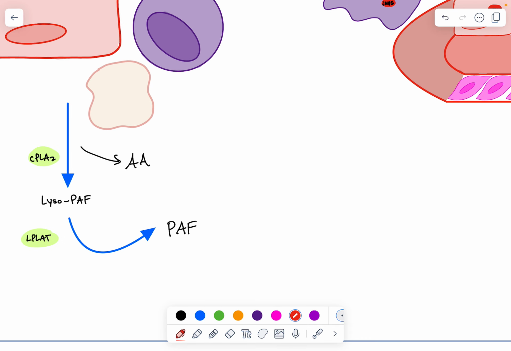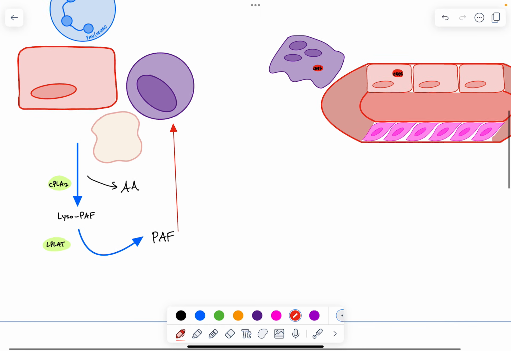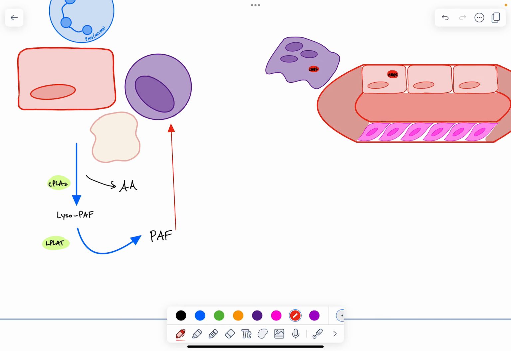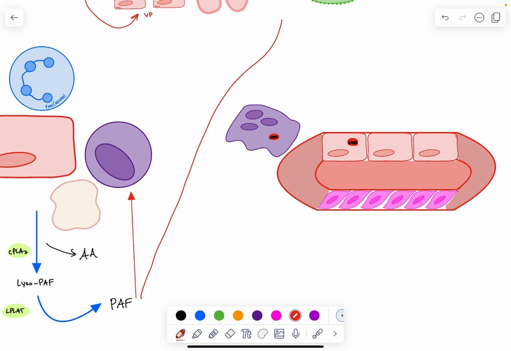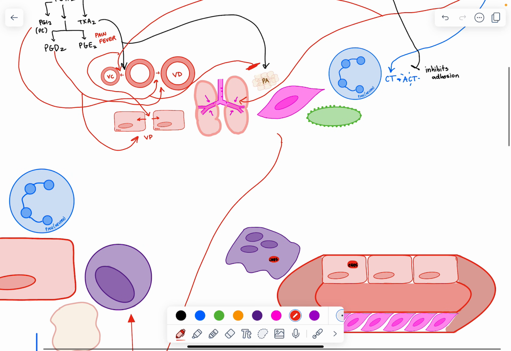So I'm going to draw a little cycle arrow here, showing that although PAF can be created by all of these specific cells, it can also activate those cells. Additionally, I'm going to draw an arrow up to our platelet aggregation diagram, showing that it does enhance platelet aggregation.